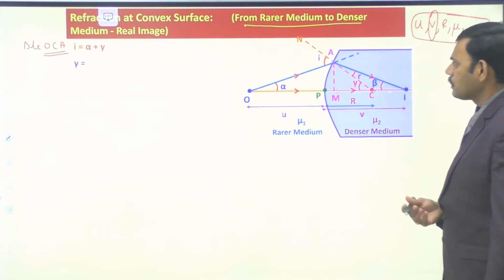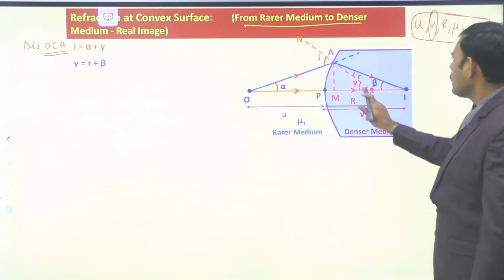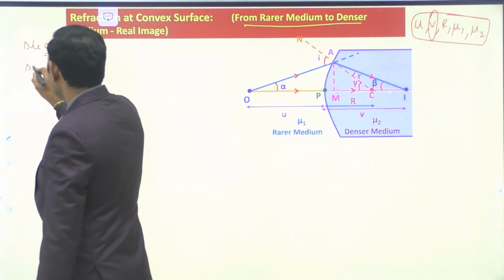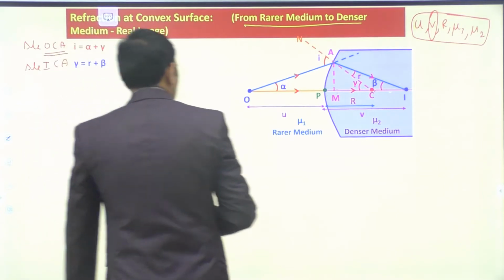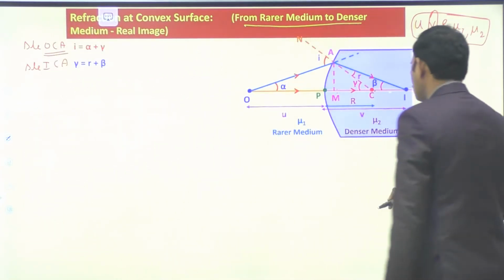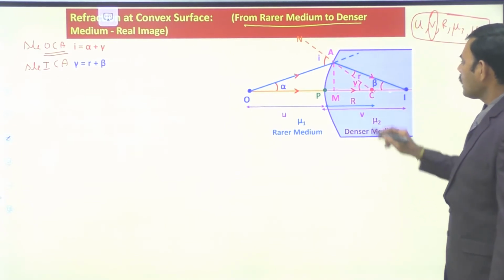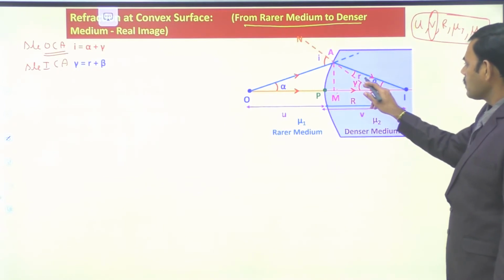Consider one more triangle, the triangle ICA, the image involved triangle. The first one was the object involved triangle. For the ICA triangle, gamma is the external angle, so gamma is the sum of the internal angles, that is r plus beta.